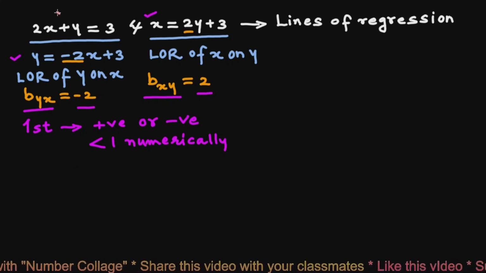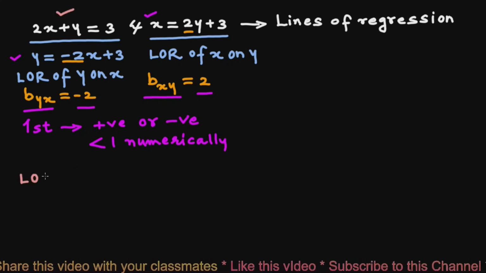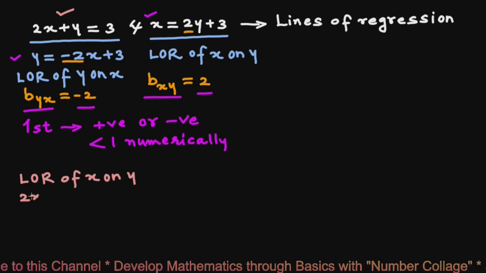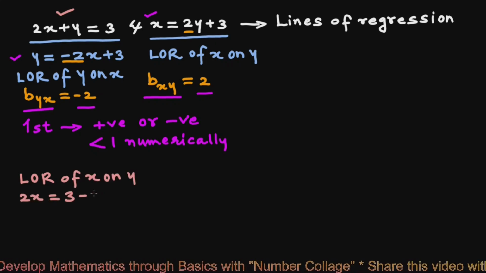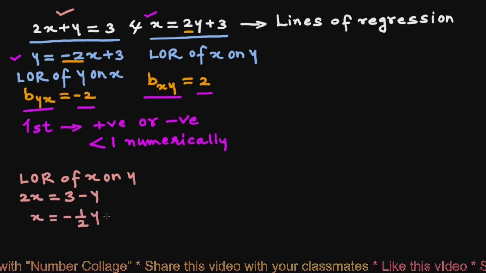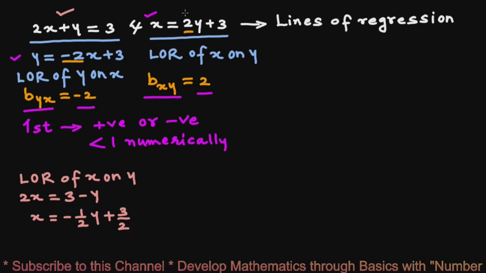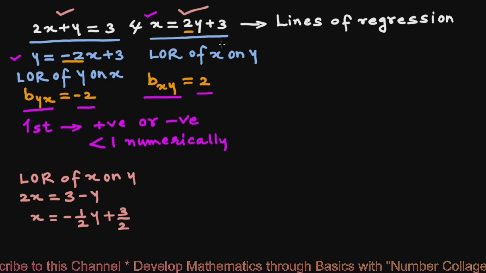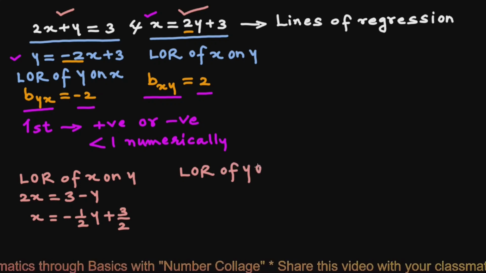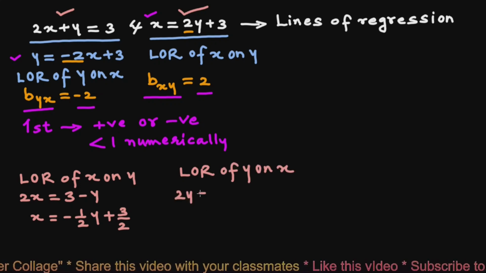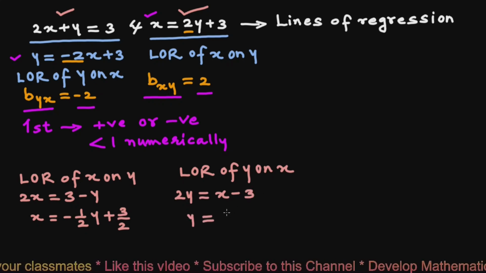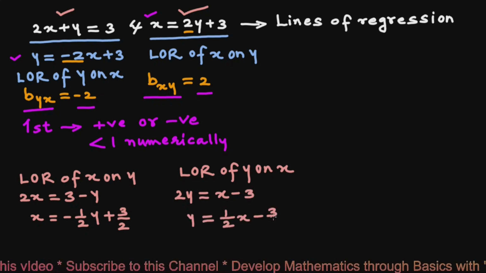If we write this first line as the line of regression of x on y, it will be 2x equals 3 minus y, or x equals minus half y plus 3 by 2. And if we write this second line as the line of regression of y on x, it will be 2y equals x minus 3, or y equals half x minus 3 by 2.